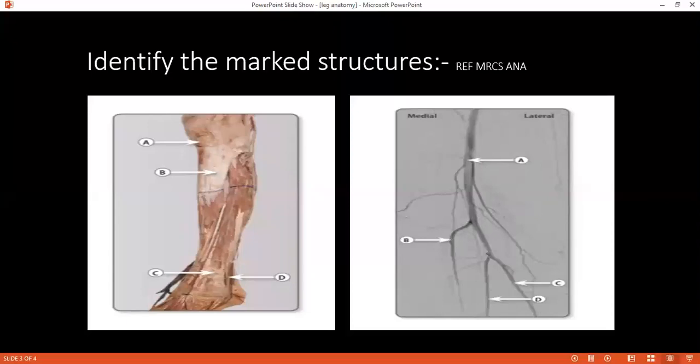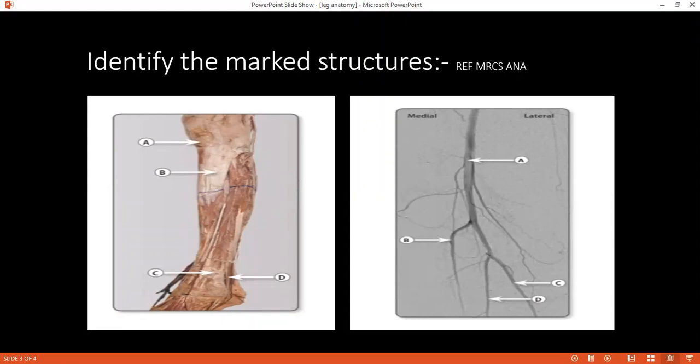Peroneal. No. Anterior tibial. Yes. Posterior tibial. Which one is posterior now? C or D? C. Okay, good.